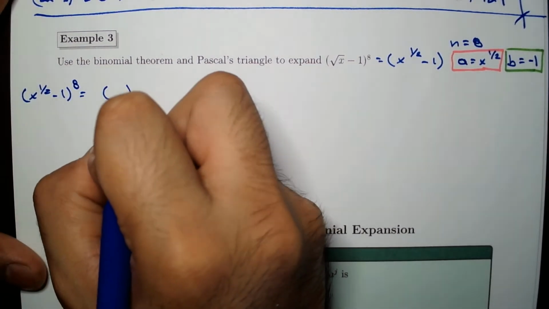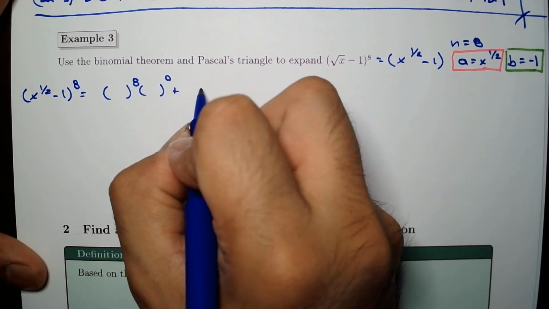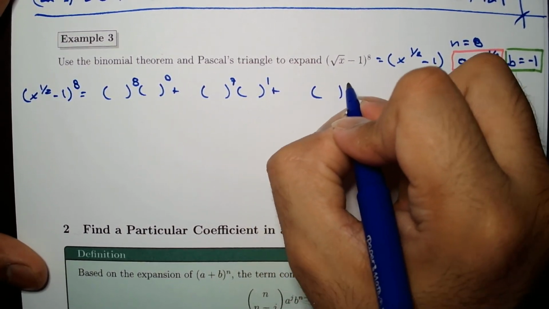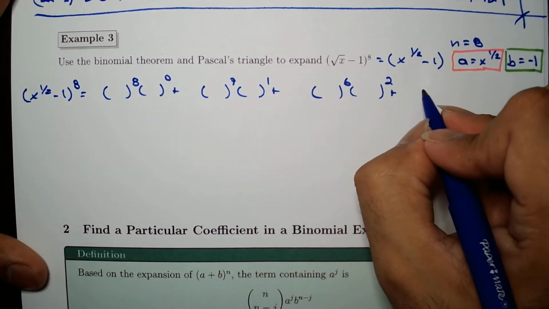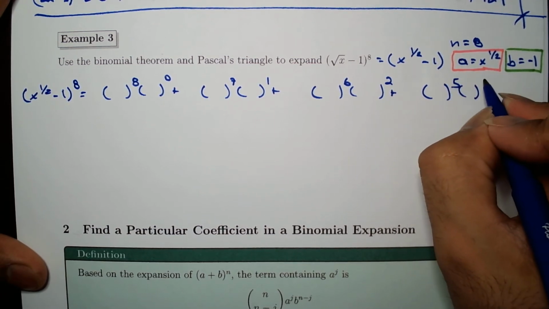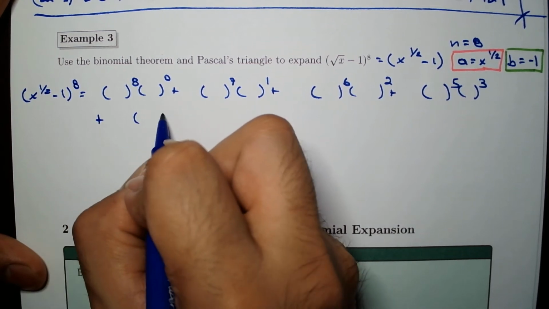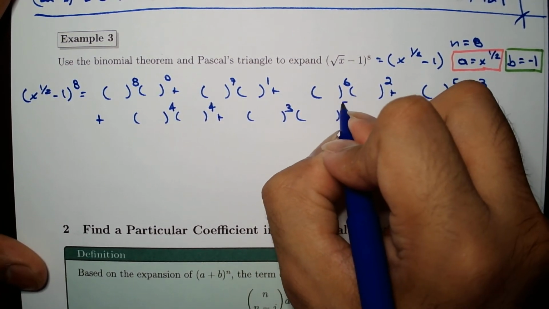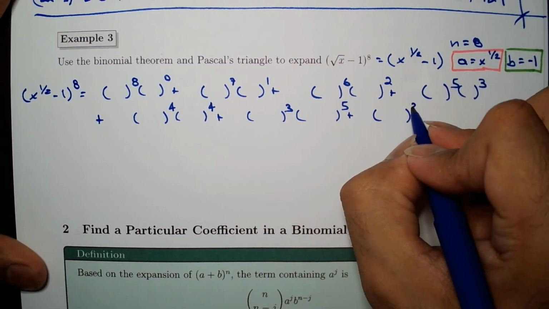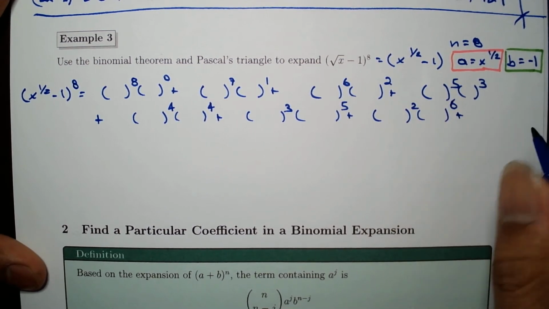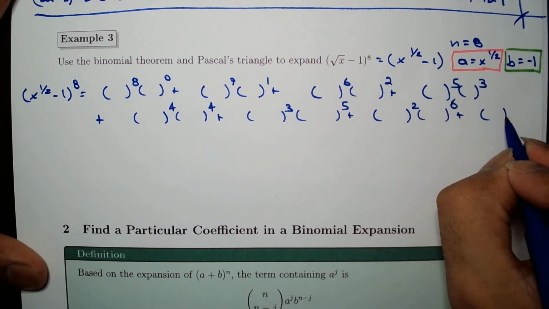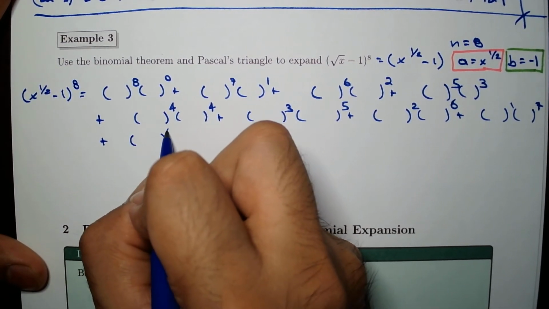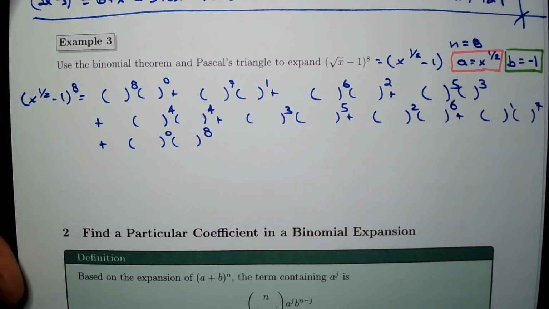Okay, so I'm going to write the quantity to the 8th, binomial coefficient 8, 0, plus binomial coefficient 7, 1, plus binomial coefficient 6, 2, plus binomial coefficient 5, 3, plus binomial coefficient 4, 4, plus binomial coefficient 3, 5, plus binomial coefficient 2, 6, plus binomial coefficient 1, 7, and plus binomial coefficient 0, 8.